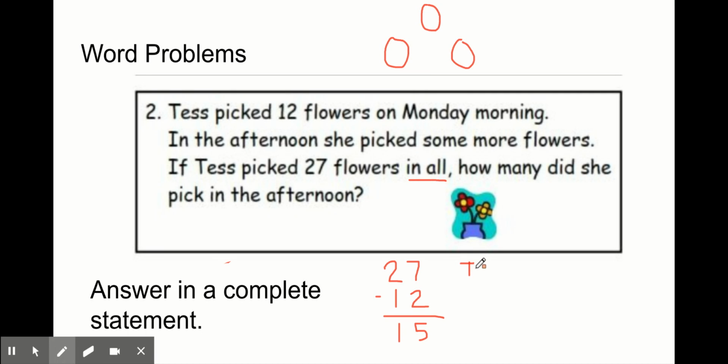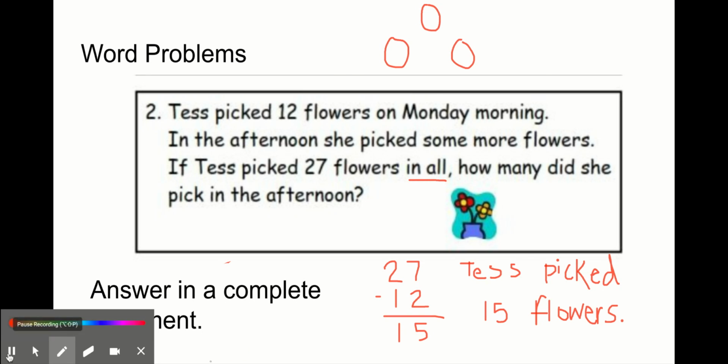We would say Tess picked and then our answer, 15. 15 what? 15 flowers. We always need to include that unit. Don't forget. If you don't include the unit, you have not answered the question. And remember, we always need to answer in a complete sentence.